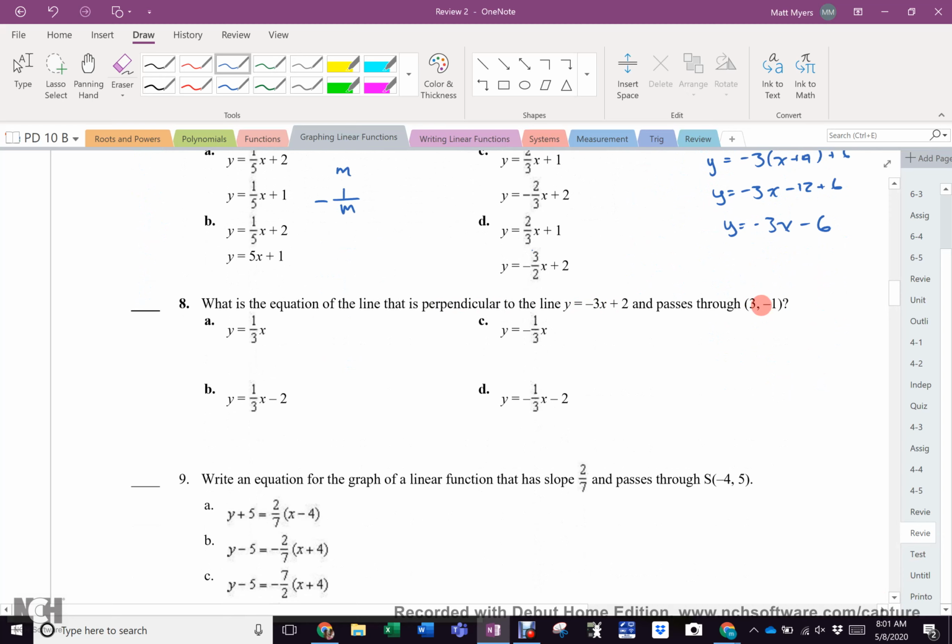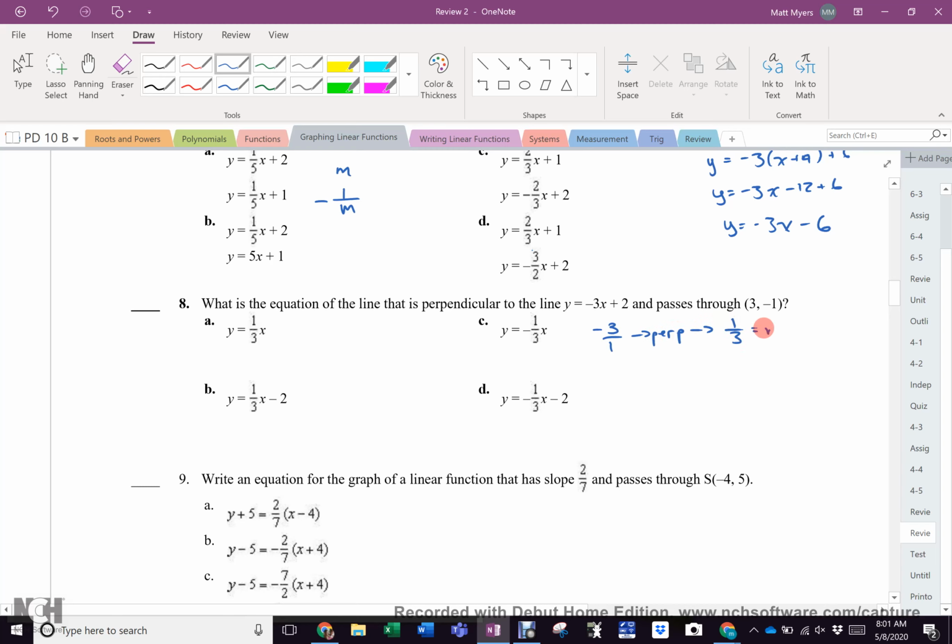Perpendicular to this and passes through that. Well, there's a point, but I don't have anything else. But I do, because perpendicular means I have to take this slope, negative 3 over 1, and make it perpendicular, which is positive 1/3.